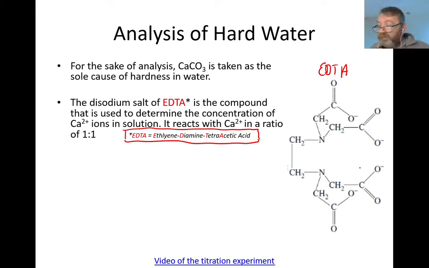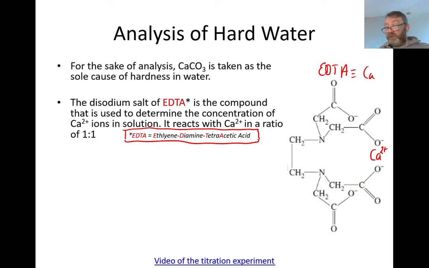Because when there's calcium or magnesium in water, the Ca2+ lodges perfectly in there. So one molecule of EDTA will catch one calcium. So there's a one-to-one relationship between the two substances that you're titrating, the EDTA in the burette and the calcium in the conical flask.